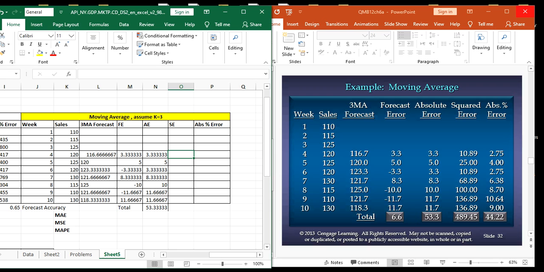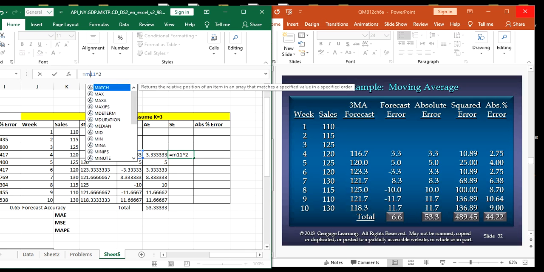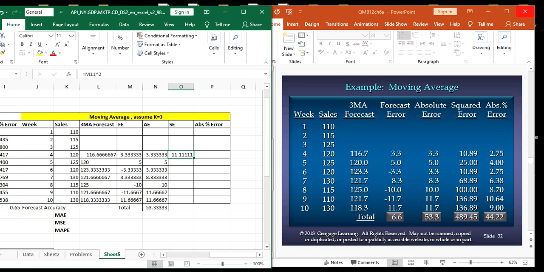And then, the same as we did for the naive method, squared errors is equal to the absolute error to the power of 2. Let's drag them down.